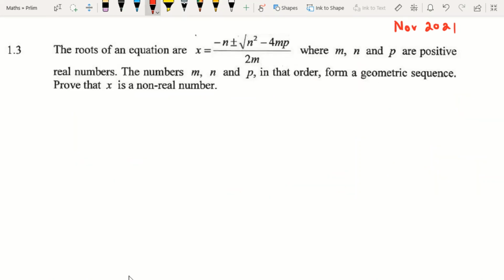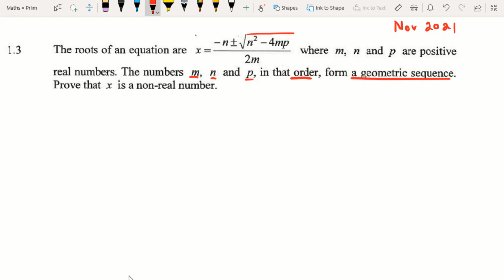Okay, so what we have here is a question that says the roots of an equation are x is equal to minus n plus or minus the root of n squared minus 4mp, where m, n and p are positive real numbers. The numbers m, n, p in that order form a geometric sequence.